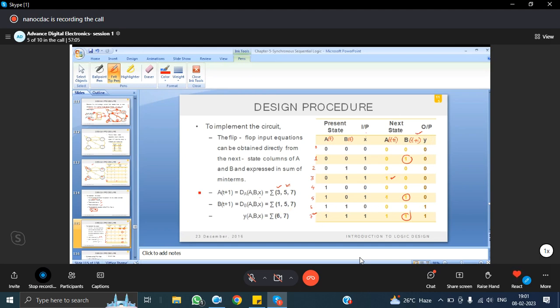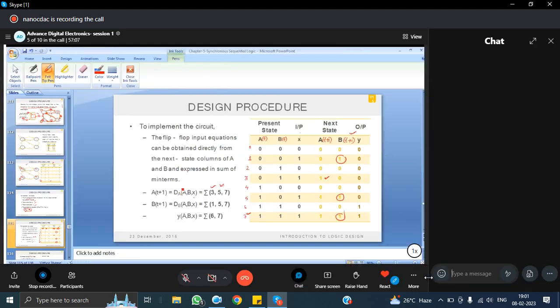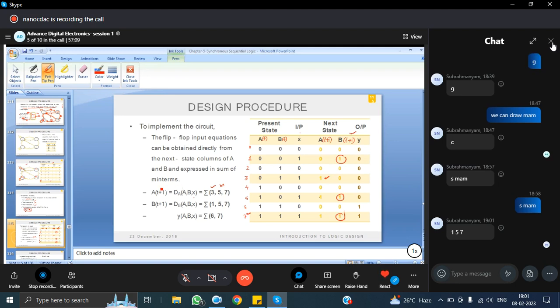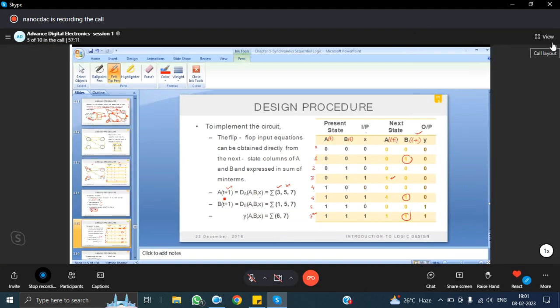Okay, this way you can find the next states A of t plus 1 and B of t plus 1. So dA means A of t plus 1 is nothing but dA, which is a function of A, B, X. B of t plus 1 is nothing but dB, which is a function of A, B and X.